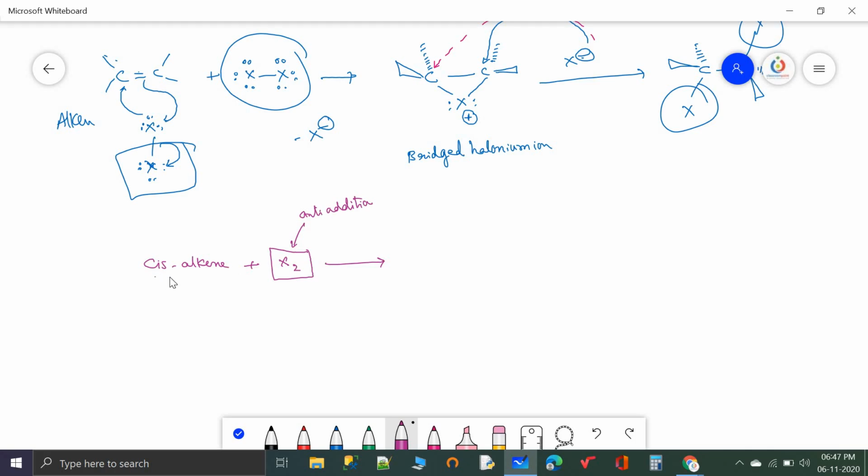Whenever you take a cis alkene, you will get two products. Now if you take the trans-alkene and add the halogen, again anti-addition, then you will get only one product.